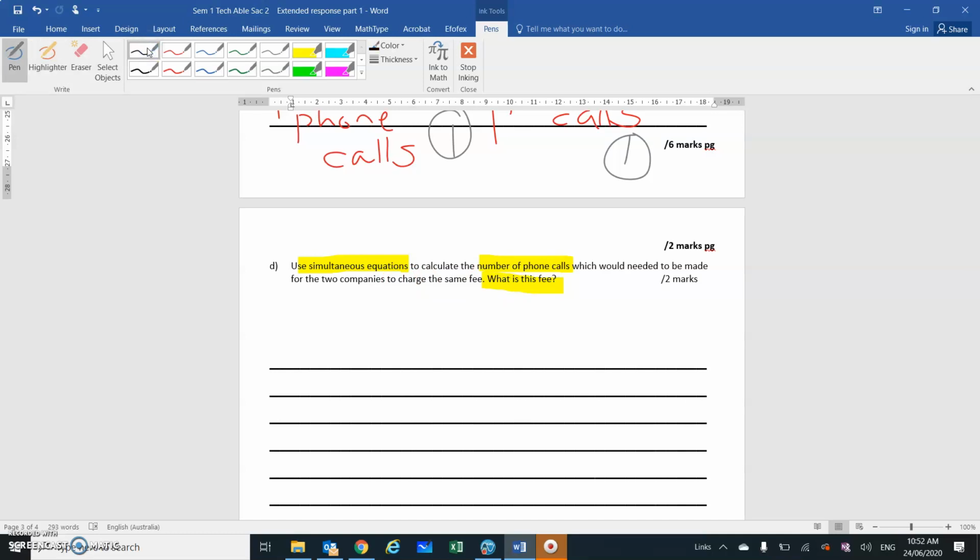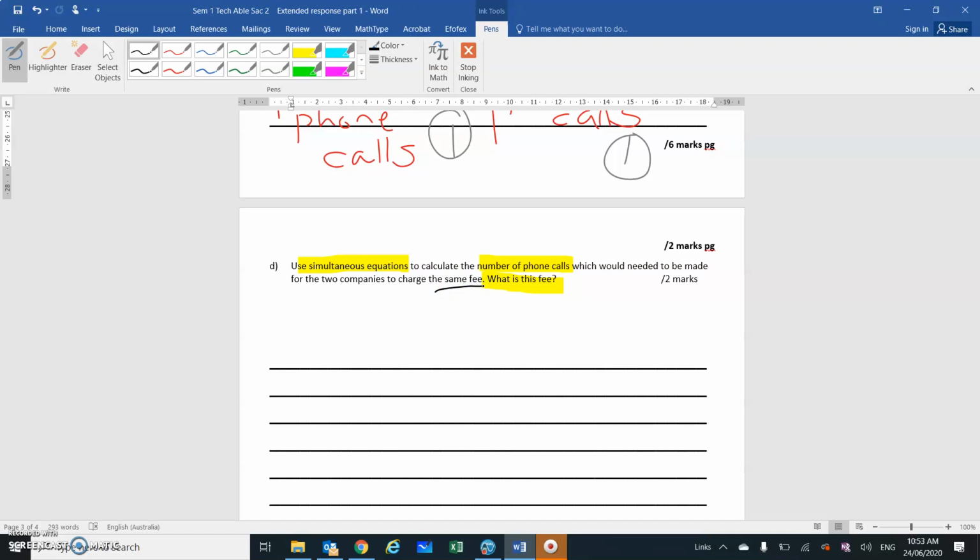So we write two simultaneous equations. The first thing is they need to charge the same fee. So to charge the same fee, the cost has to be the same. They have to be equal to each other.